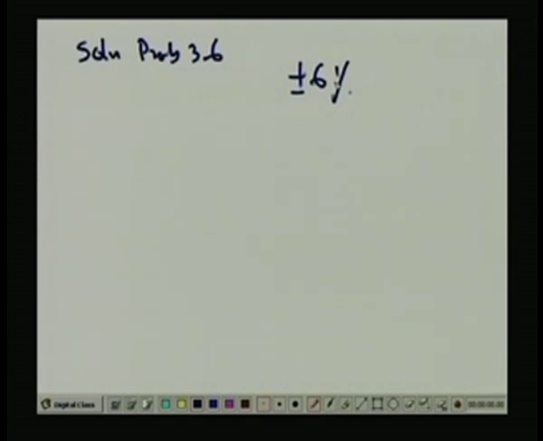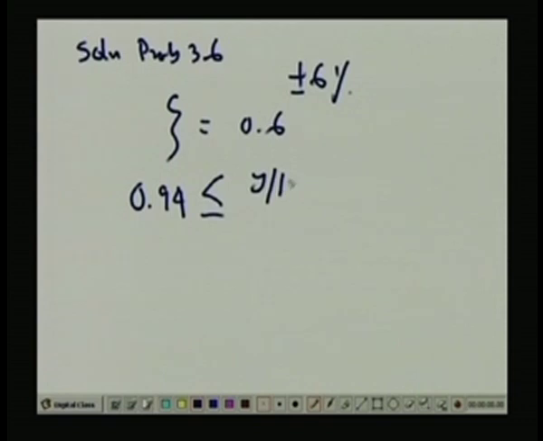The damping constant xi is given as 0.6, and since it is a second order instrument, it can overshoot, so both plus minus 6% will be valid here. So y by k by x equals 1.06, right.